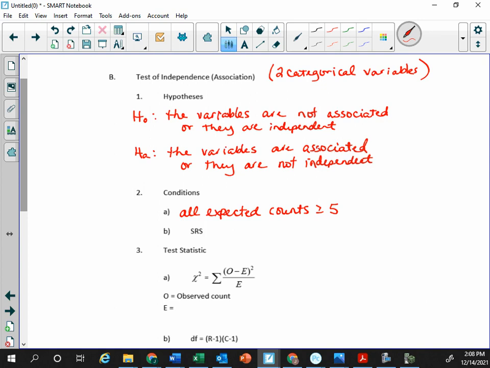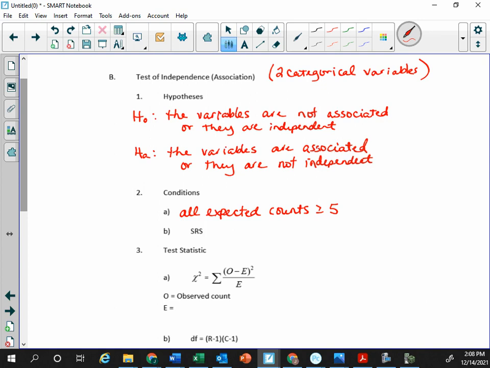Now, I didn't even list the independent condition here. Why do you think I didn't list it? Well, yeah, that's what we're testing, right? So we can't say, oh, they're independent in our conditions and then do a test for independence. That would not make much sense. So we don't mention independence when we're doing this type of test.